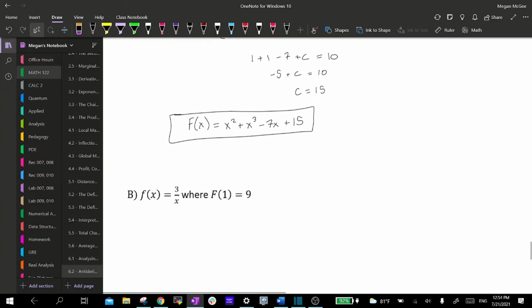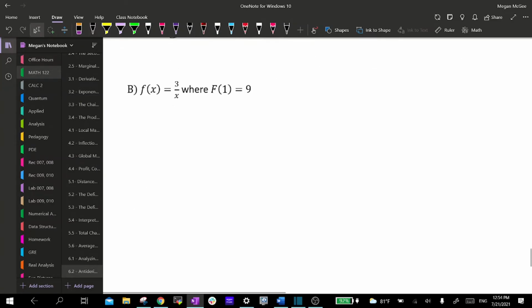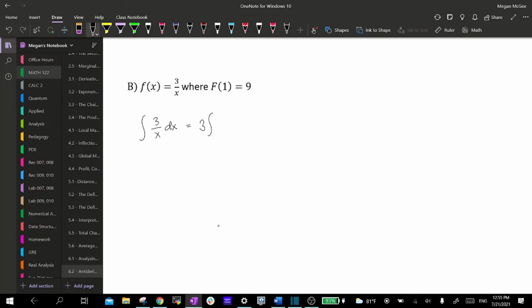Let's look at part B. So again, we want to find the unique antiderivative of the function, and we are given a point. So we want the integral of 3 over x dx. Well, our constant multiple rule says that this is 3 times the integral of 1 over x dx.